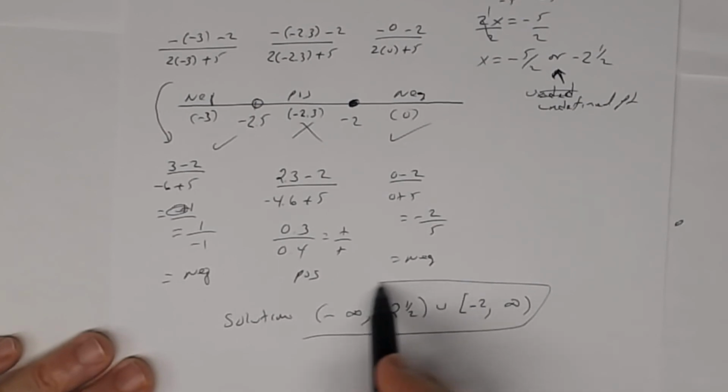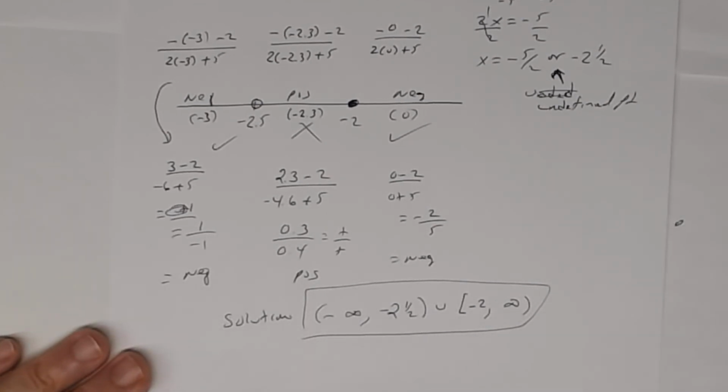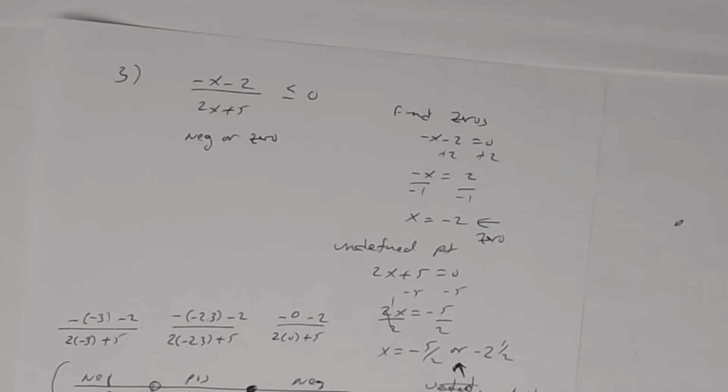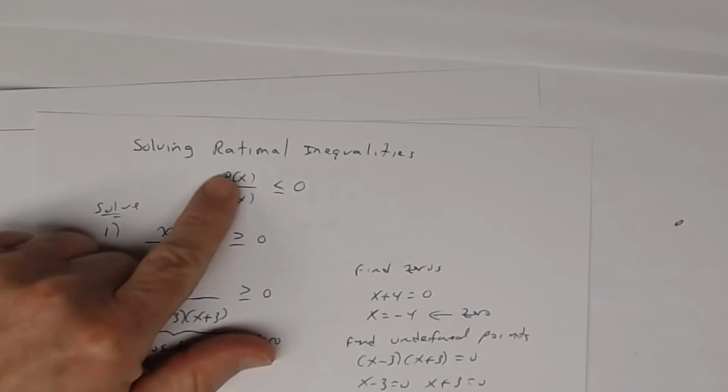You found your solution. So the solutions are any real number that's in those intervals, and so that is the final lesson on solving rational inequalities of this form.